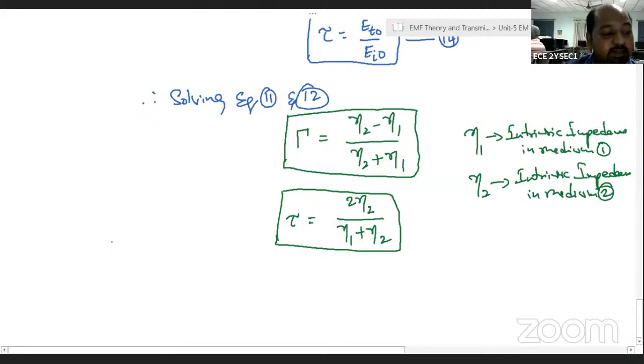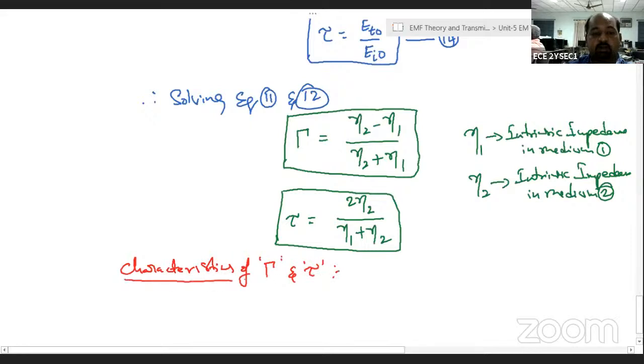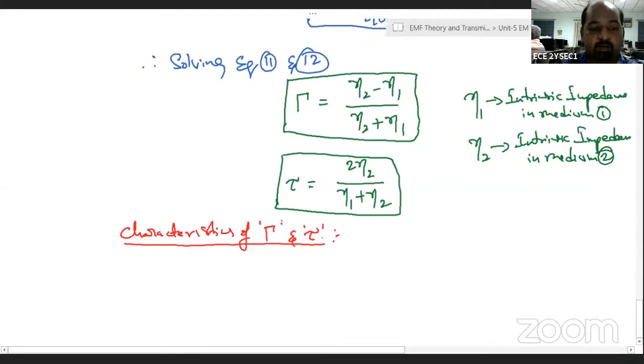So coming to the characteristics of reflection coefficient and transmission coefficient. Well, let us see some characteristics.